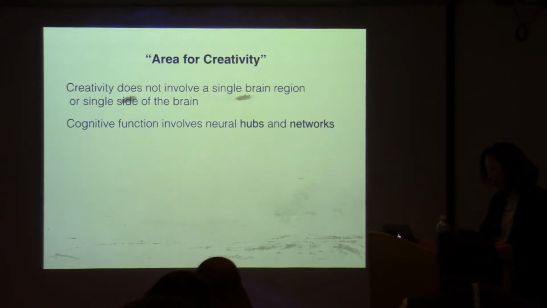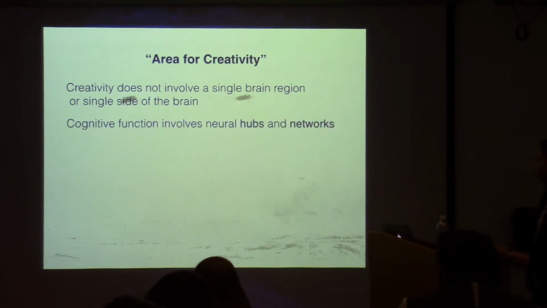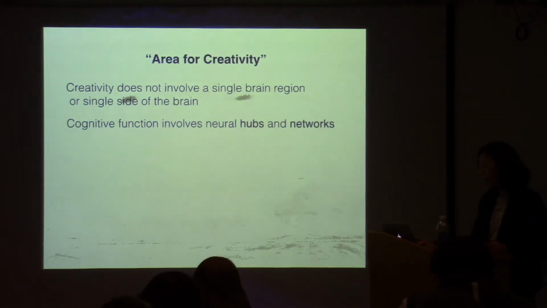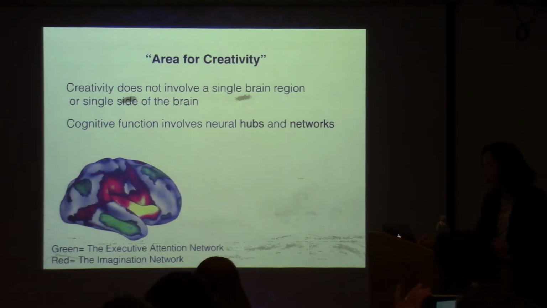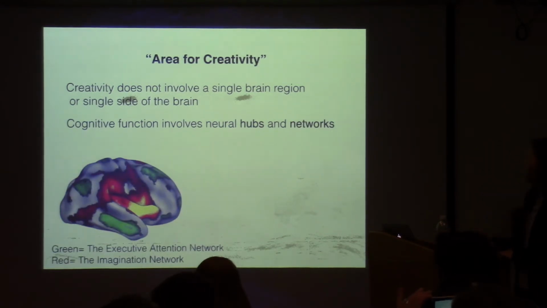Okay, so creativity does not involve a single brain region or a single side of the brain. So what is it? It seems like, at least according to the researchers who conducted the review that I showed you, the cognitive function of creativity involves neural hubs and networks. An example of those networks is what they call the imagination network, colored in red, and the green executive attention network.